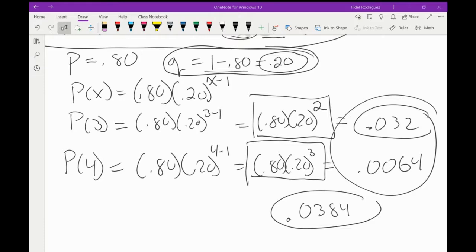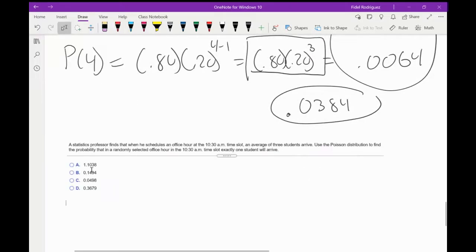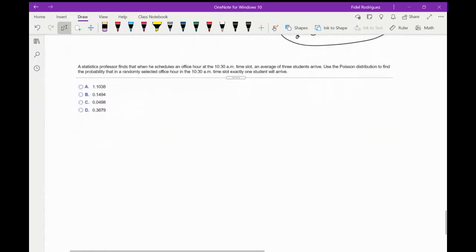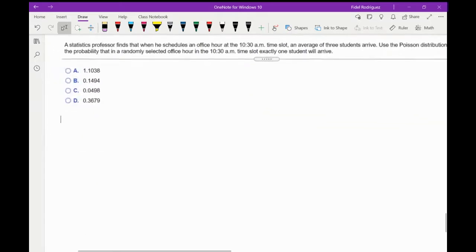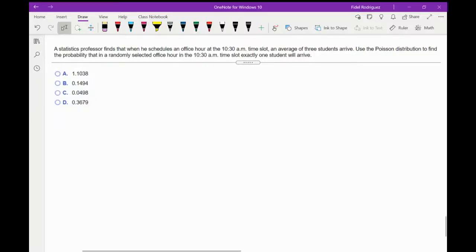What I like about 4.3 is that it's pretty explicit in that it tells you what we're trying to find, or how we're going to do the problem. Here is another question I just pulled up directly from the homework from 4.3.